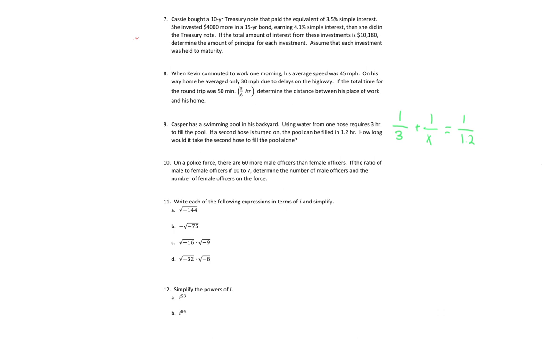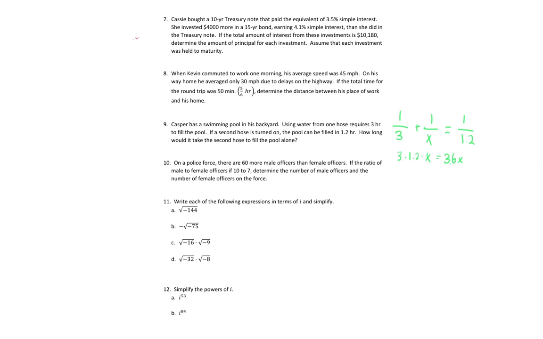So to solve this, I'm going to find my least common denominator, which is just all the bottoms multiplied together: 3 times 1.2 times x, which is 3.6x. And I'm going to multiply everything by that.